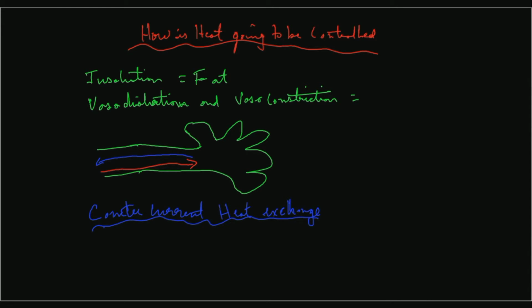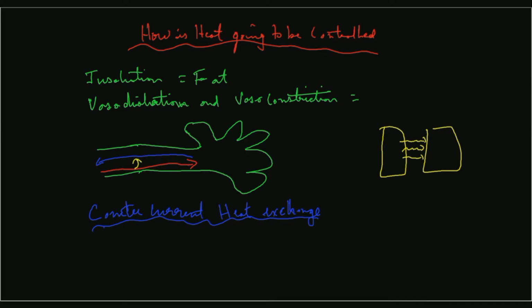Now, what happens is that if we go into this, these arteries are going to run right by each other. So I guess I'll write it. Okay, so these arteries are going to go right by each other like this, and so basically the heat will diffuse across like this. It'll go across to that side, and it'll go back.